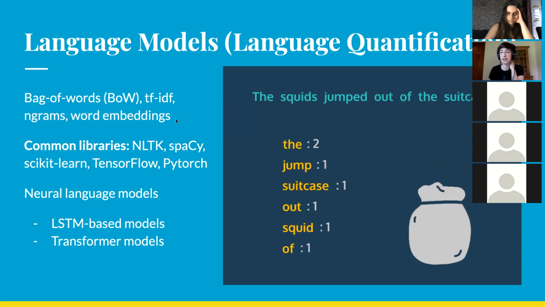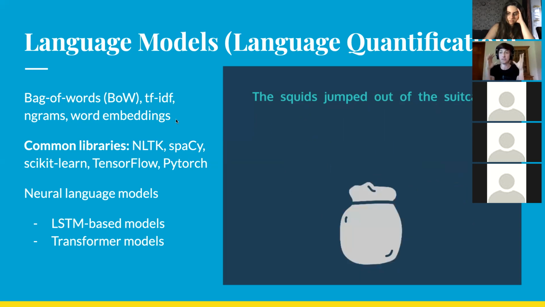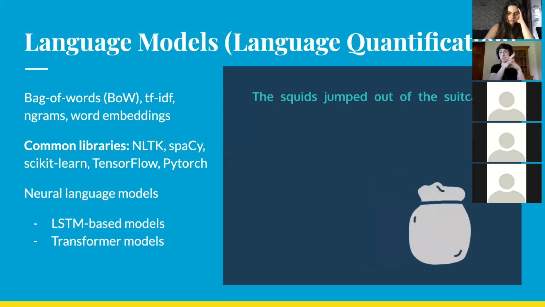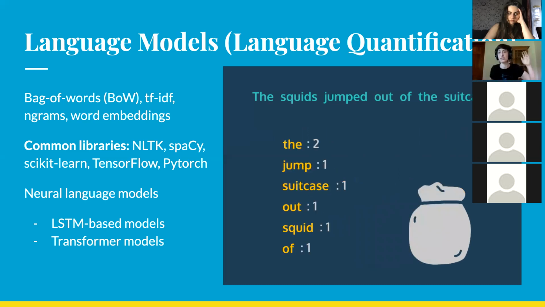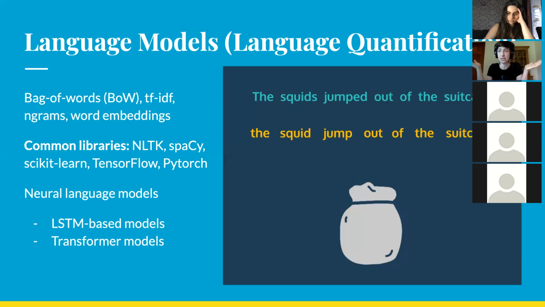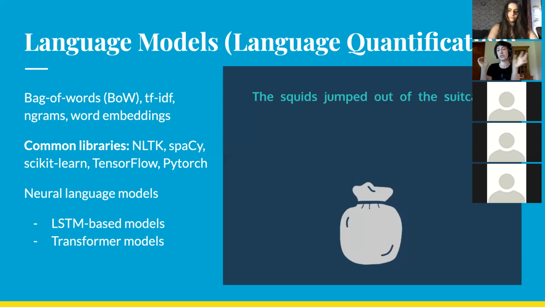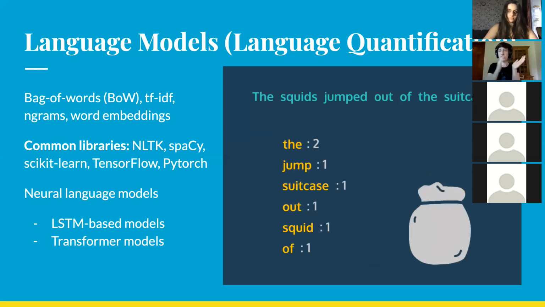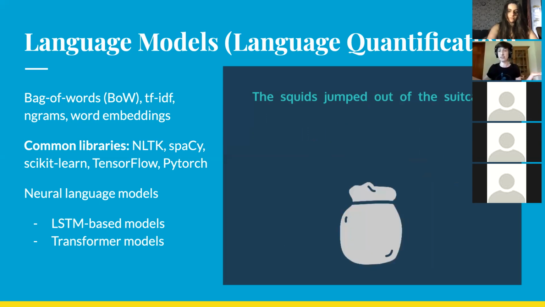TF-IDF is a way of, instead of bag of words, looking at only specific words that don't appear across all of your text. So if you want to look at a bunch of documents at the same time, and you want to find out what is actually important to each specific document, then you don't want words like "the" and "that" that appear across all of those documents.